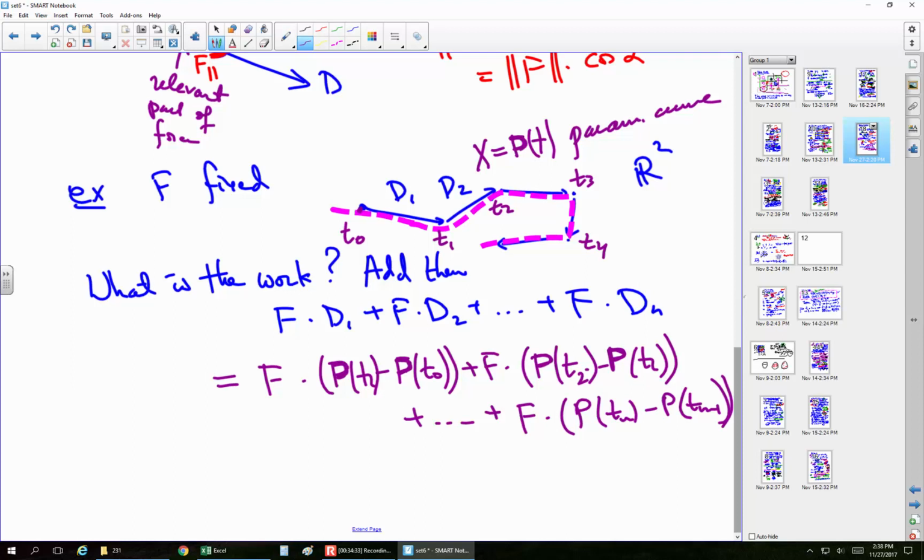And what is the answer? If I simplify this, what do I get? It telescopes to F dot (p of tn minus p of t0), the total displacement. Okay, so all of these will cancel.